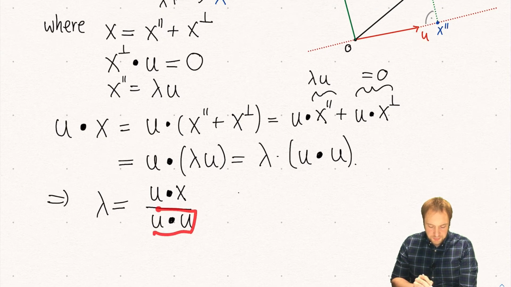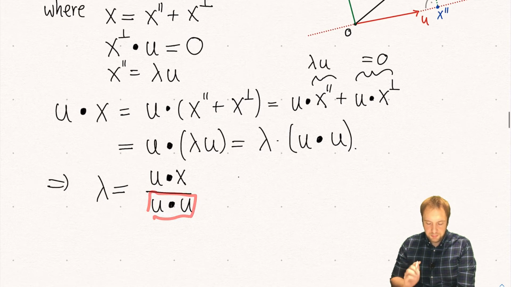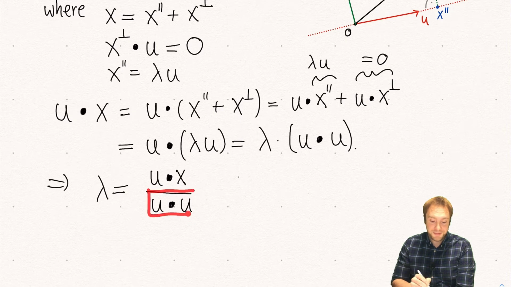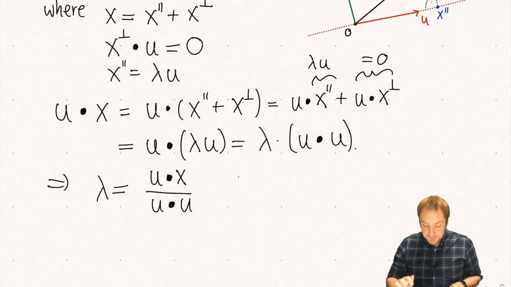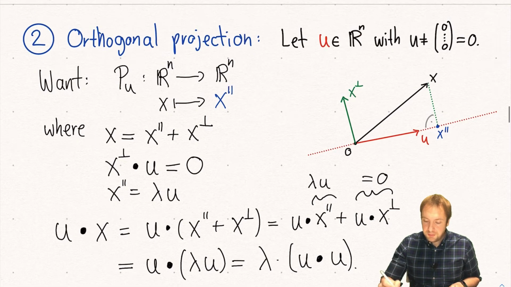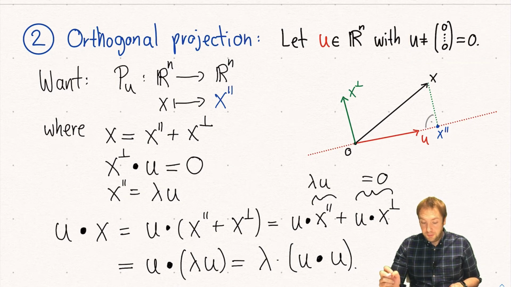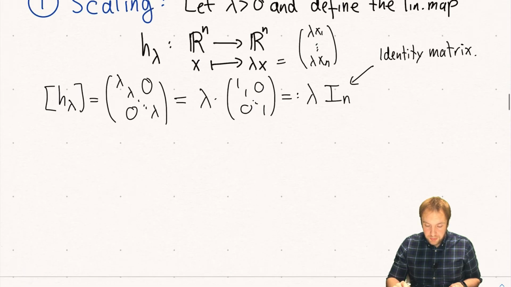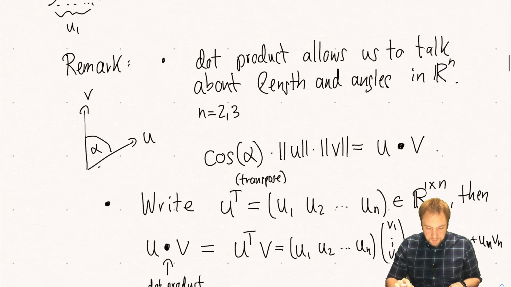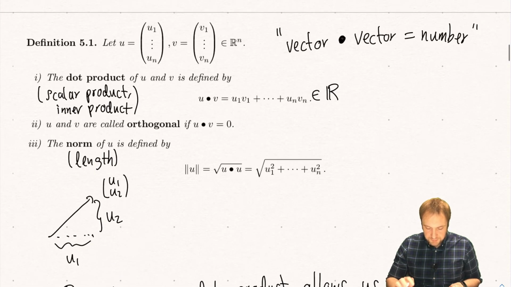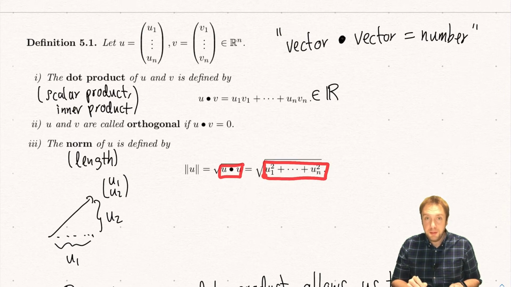But of course here we need to be careful. We divide by a number, so we should check that this lambda, this number, is not 0. But this is the case because we assume that this vector u is not 0, and recall the scalar product of u with itself is given by this sum here.